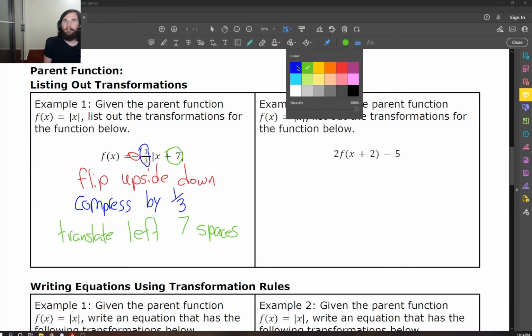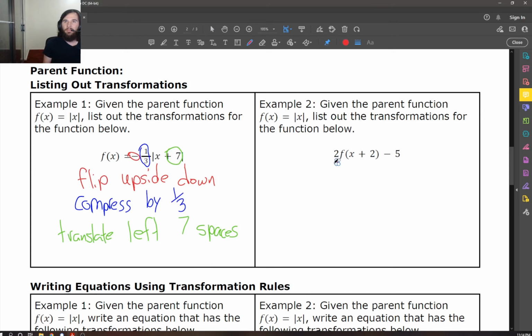So starting with the times 2, times 2 is going to be a vertical stretch, right? By 2, right? Because we're multiplying it by 2.